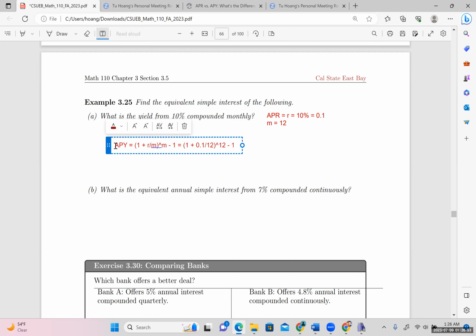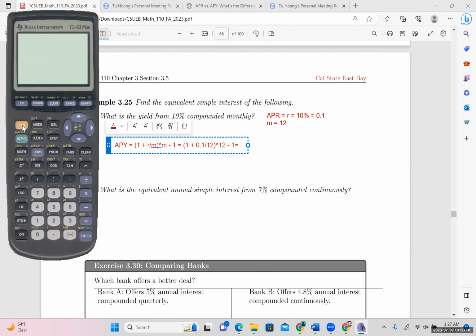Okay, so now use a calculator. Let's try. Don't forget the parentheses, right?